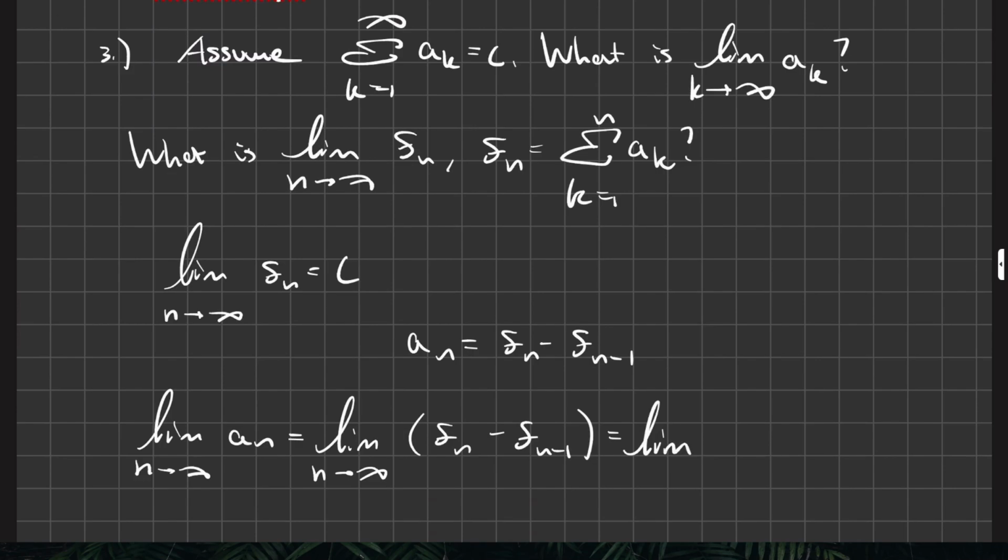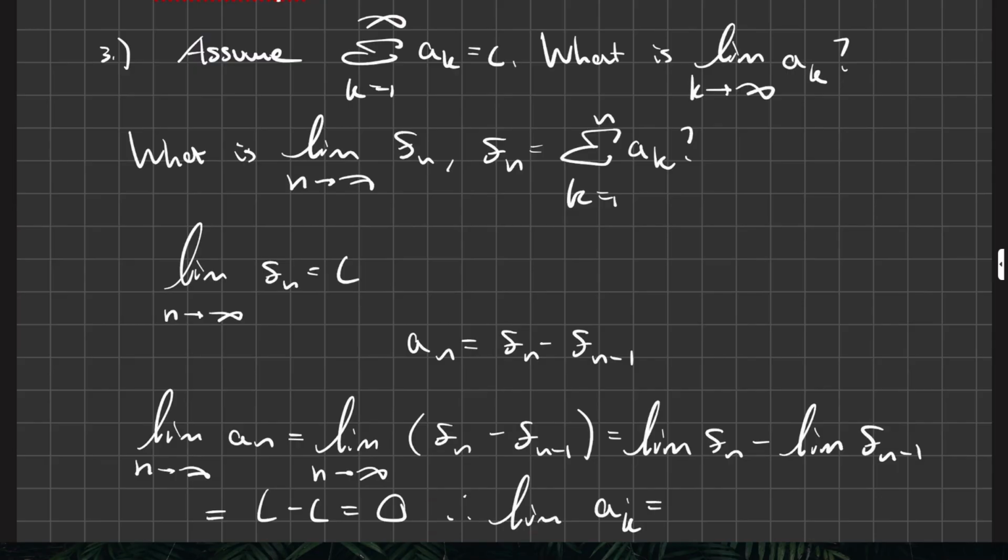This is just the limit of s sub n minus the limit of s sub n minus 1. s sub n and s sub n minus 1 must both go to L, so we end up with L minus L. So the limit goes to 0. So the limit as k goes to infinity of a sub k equals 0.